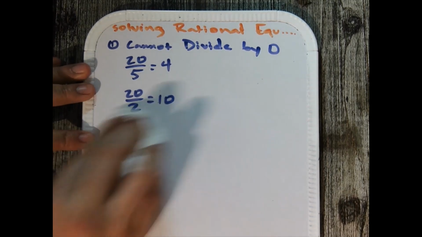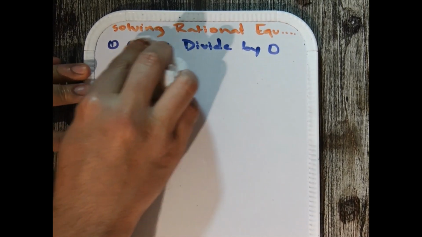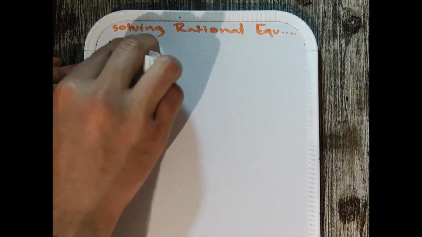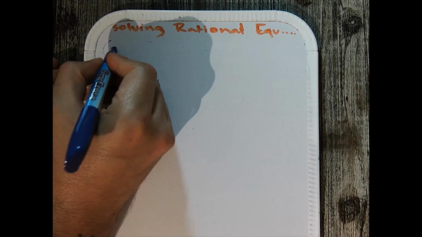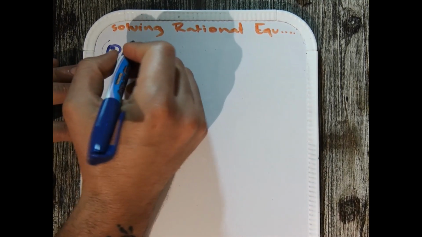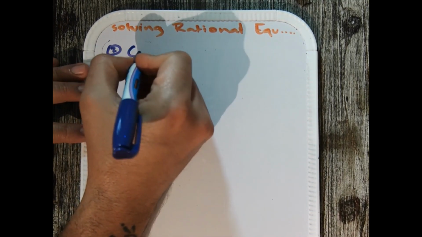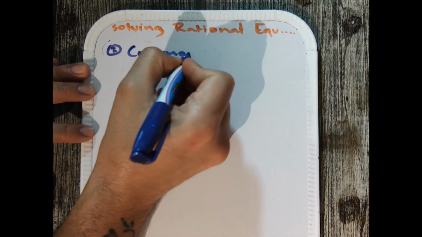The second thing we have to understand is how to get a common denominator.